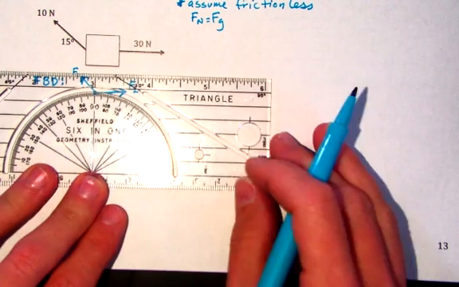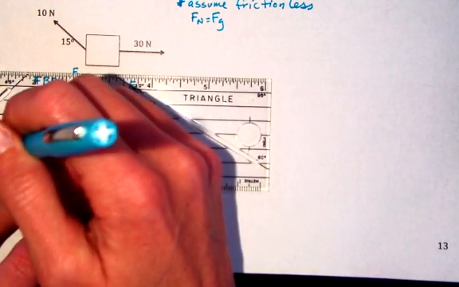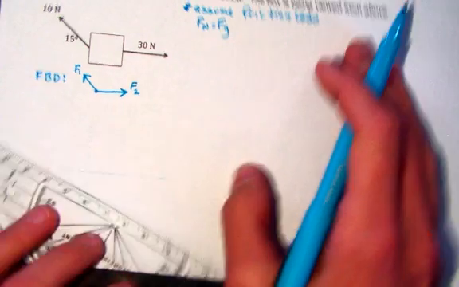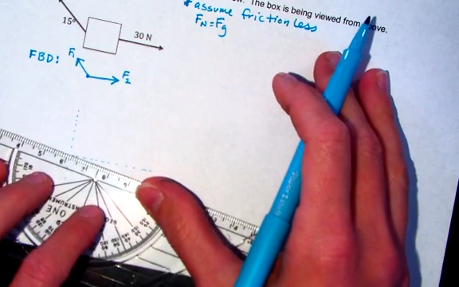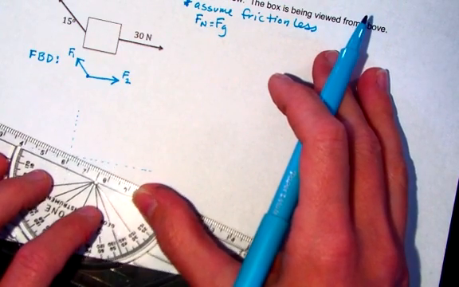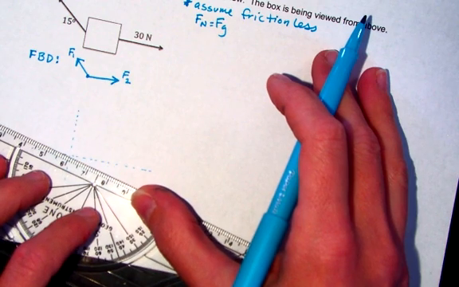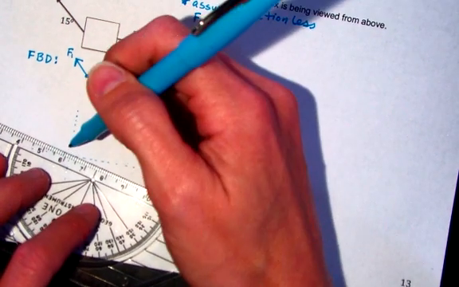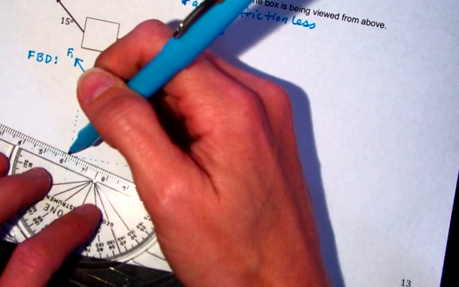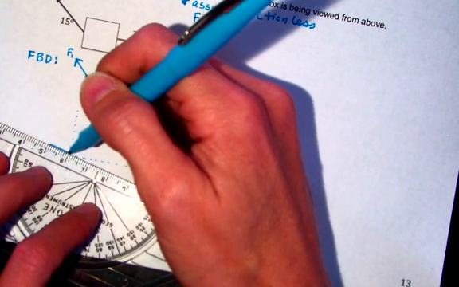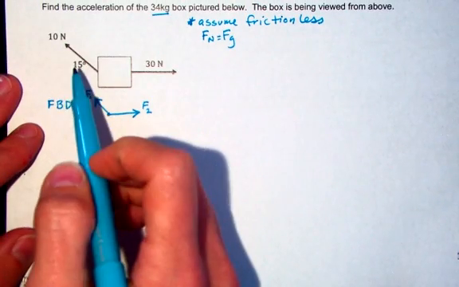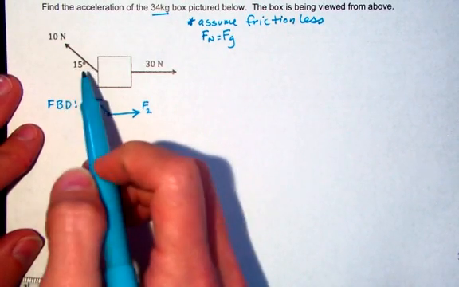So here I have 15 degrees, and it is 10 newtons. So I'm going to start here. One of the questions that might come up is, all right, there's this 15 degrees here. That's why I'm using 15 degrees.